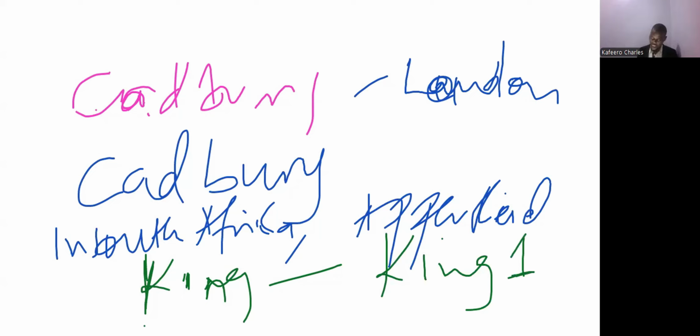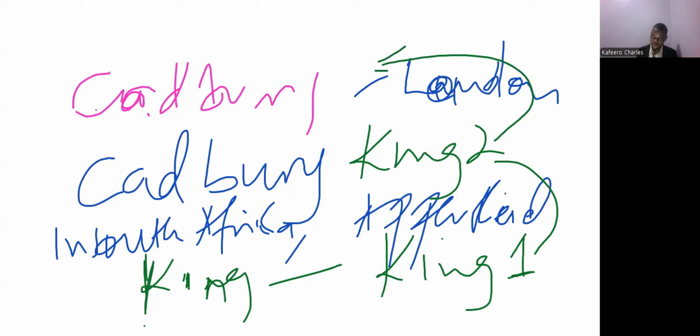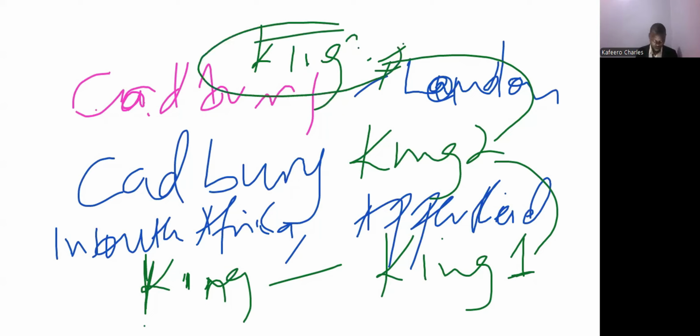It was then modified to King 2. And finally, King 2 was transformed to King 3. It is this King 3 that is still relevant, or recently used.